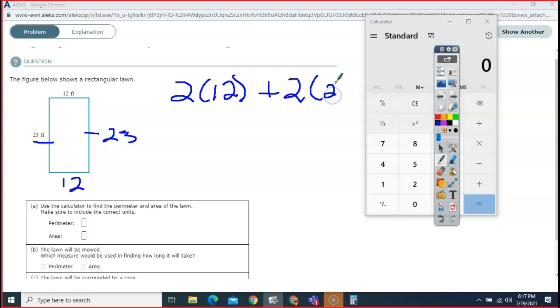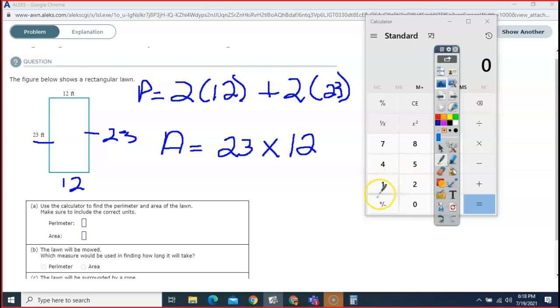Or you could just say 12 plus 12 plus 23 plus 23. Doesn't matter. All right, so this would be my perimeter. My area is just going to be 23 times 12. It's one side times the other side.